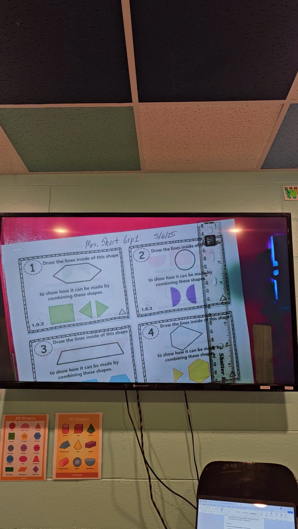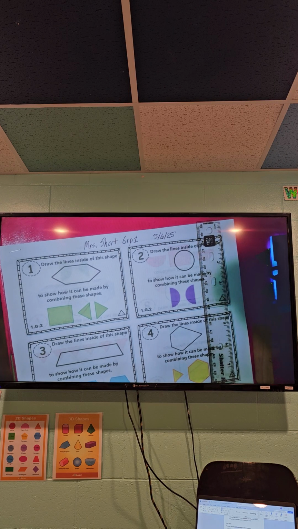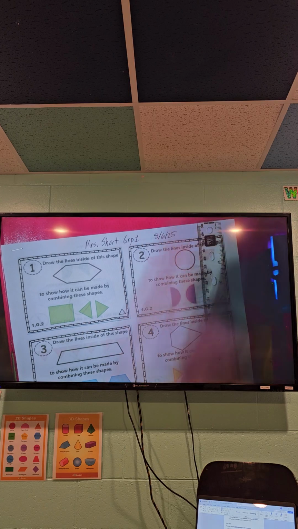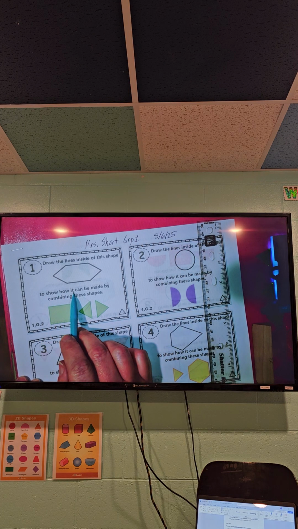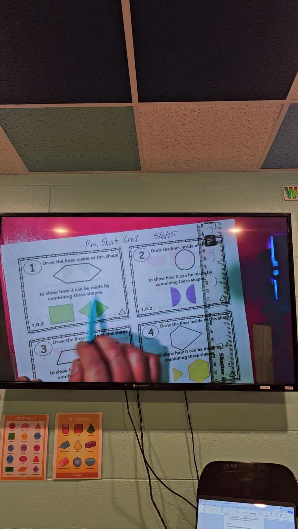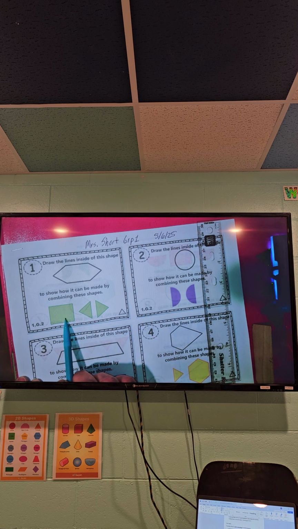All right, it says draw the lines. Draw the lines inside of this shape to show how it can be made by combining these shapes. So you have a square or rectangle, kind of looks like a rectangle, with two triangles.